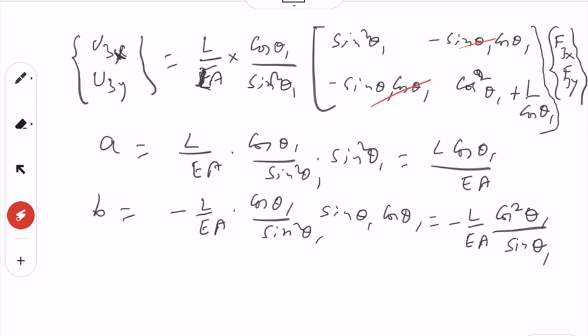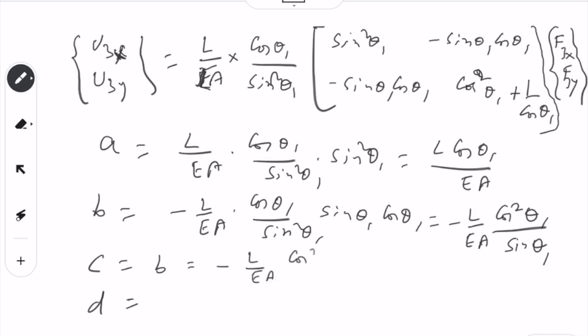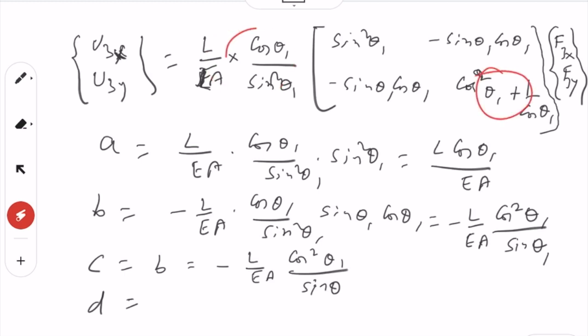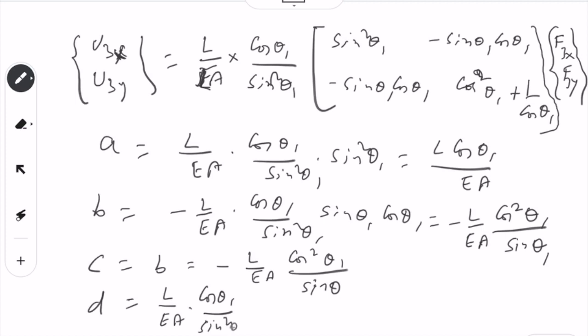So basically C will be the same as B. D will be equal to minus L over Ea cos square theta 1 over sin theta, and D will be this value, this multiplied by this one. Hence we have L over Ea cos theta 1 divided by sin square theta 1, then multiplied by cos square theta 1 plus 1 over cos theta 1.